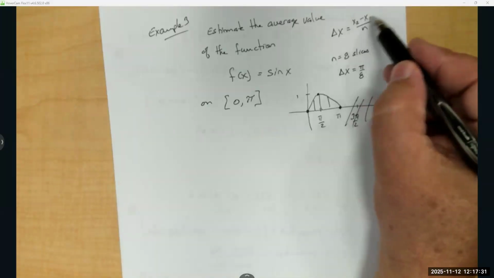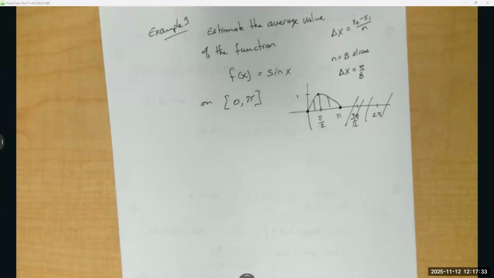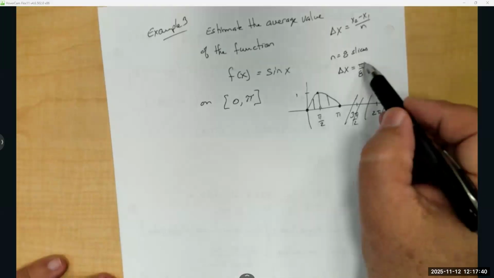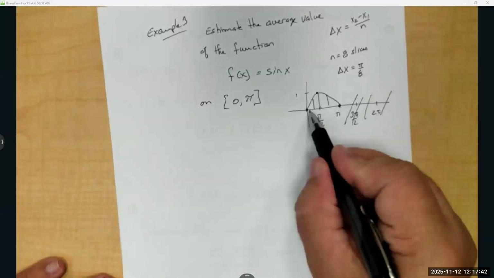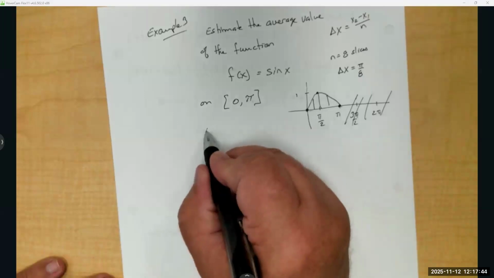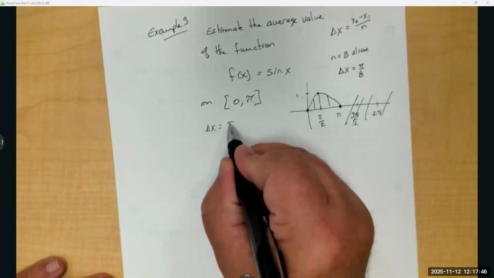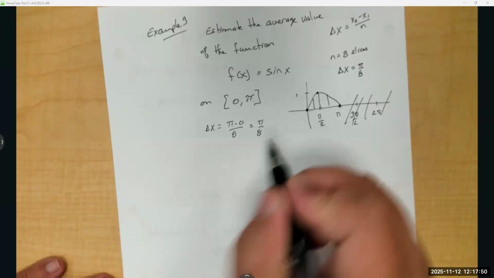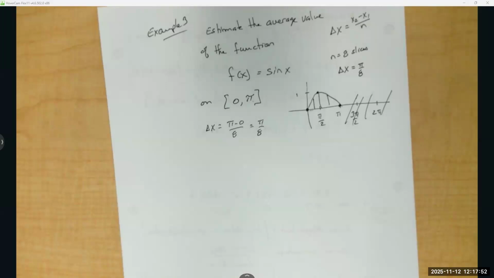So from the width of your interval, the second point minus first point divided by n. Well, since all we had was 0 to pi, our delta x was going to be pi minus 0 over 8. So we have pi over 8. That's our delta x.